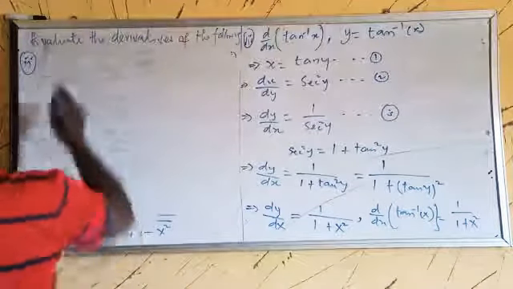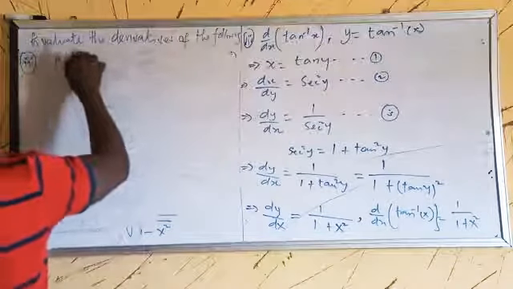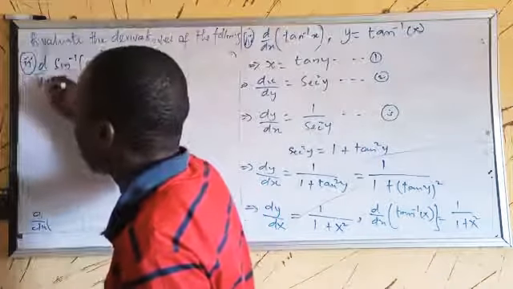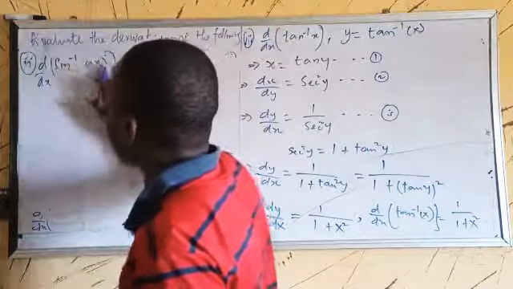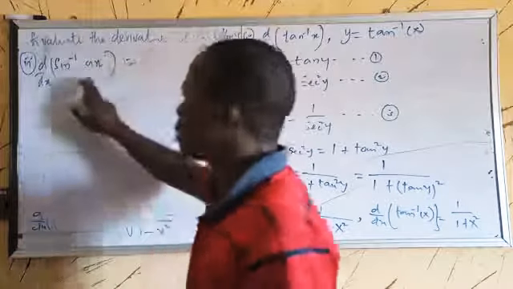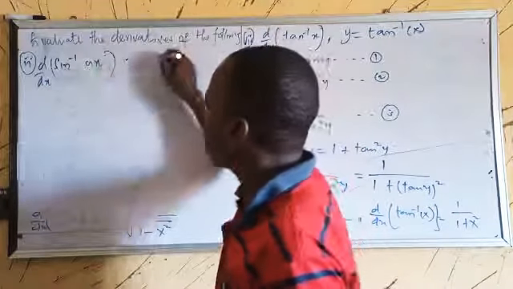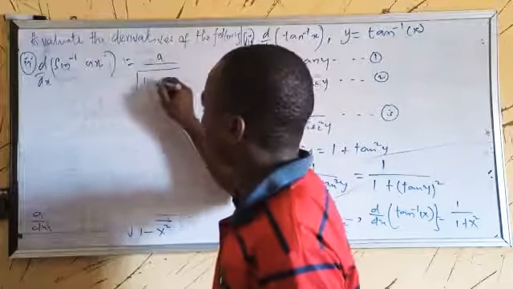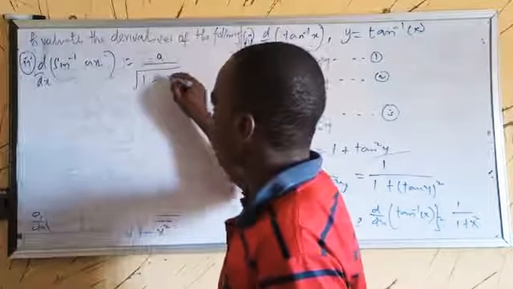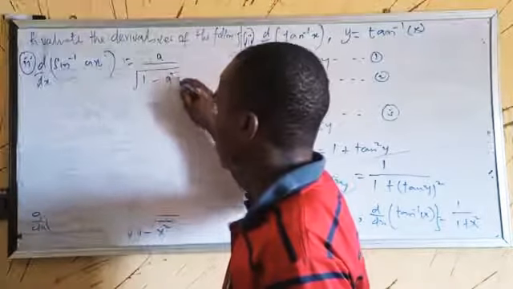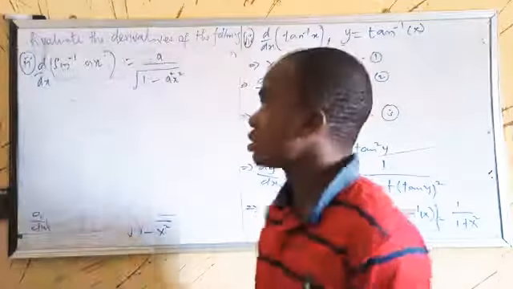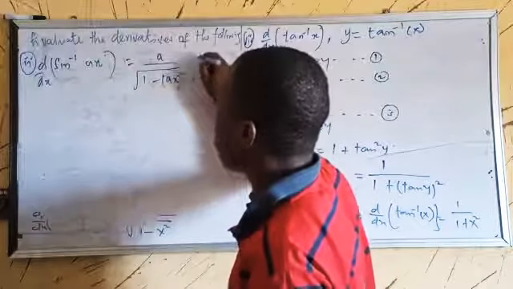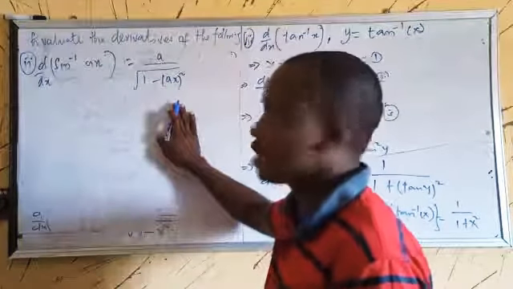I told you if you have sine inverse of ax, and we are trying to find the derivative of this, the result will be a over the square root of 1 minus a squared x squared. Or you put it like this, a squared x squared. So this is the general form.